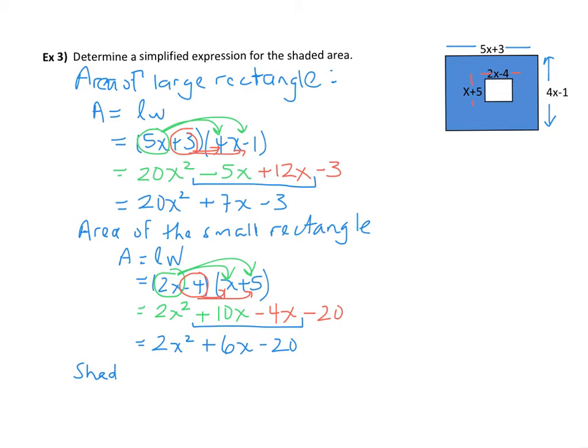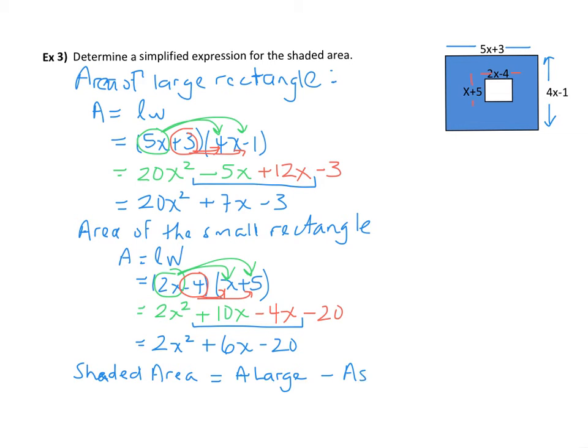Now that we have the two different areas, our shaded area would be the area of the large minus the area of the small. I just put A for area, sorry, because writing on the iPad is sometimes a little bit difficult to do.